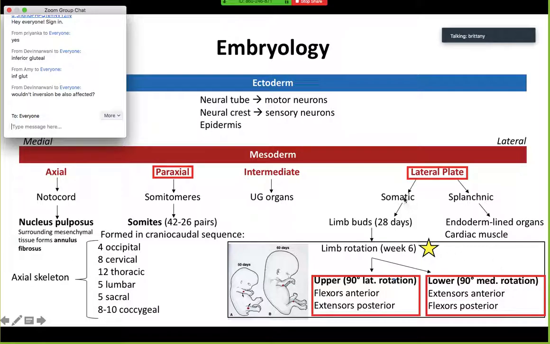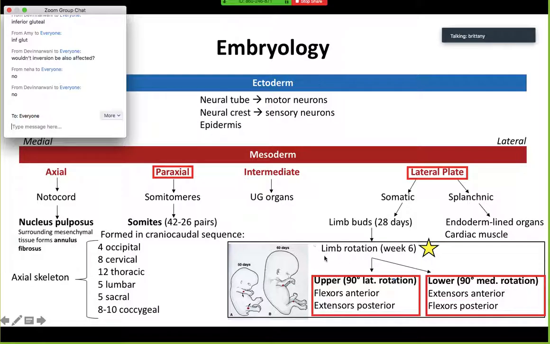The somatic mesoderm is forming the limb buds. And then around week 6, on the last exam, did he get very specific with the weeks or days? Yeah. Okay, good. So that trend should continue. If you see specific days or weeks, don't worry too much about it. Just have a broad idea.